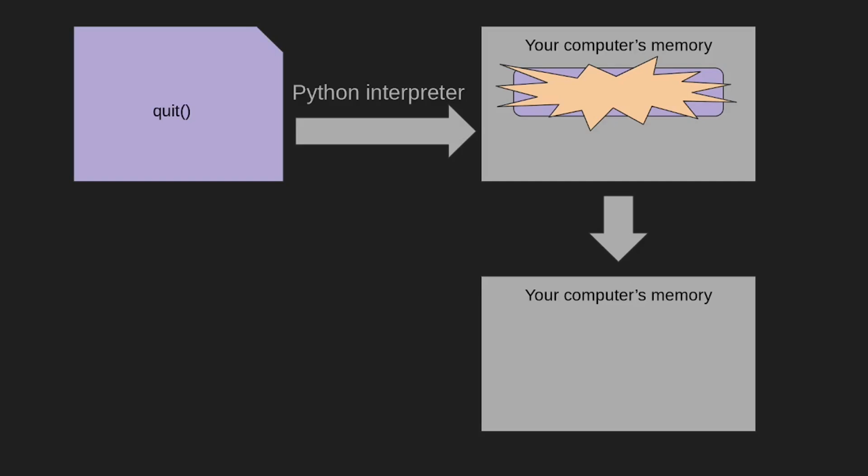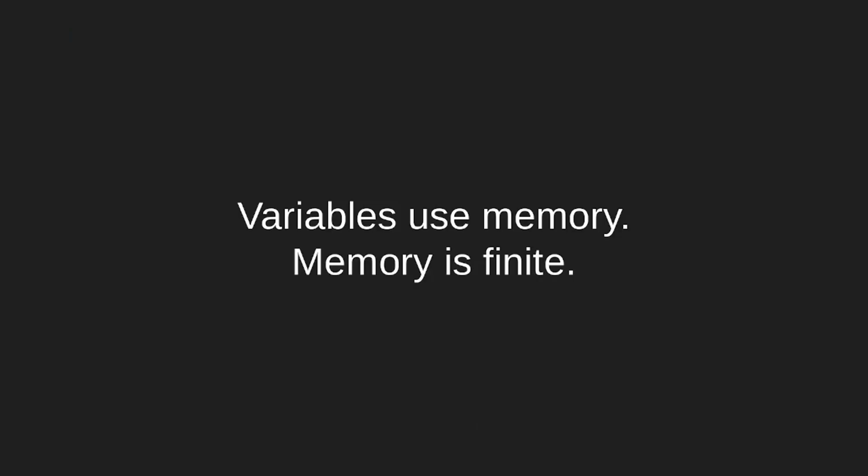Whenever you close the kernel, it's deleted all those variables from memory and you need to load them back in each time. So the key point here is variables use memory and memory is finite, so you can't have infinite variables.